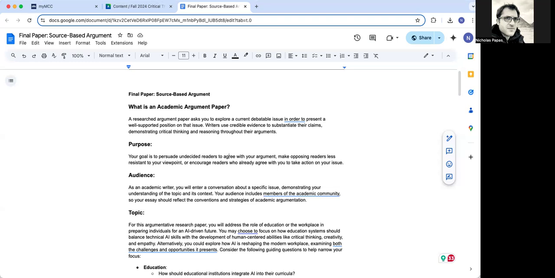So getting back to this idea, when you're drafting, I want you to make sure you're moving beyond simple source summarizing. Instead of writing something like source A says X, followed by source B says Y, combine them.